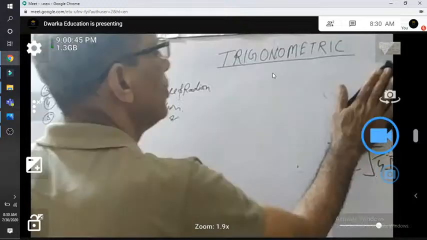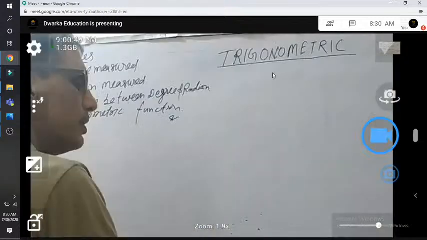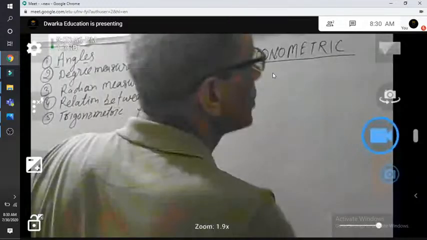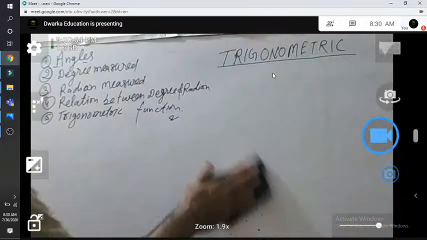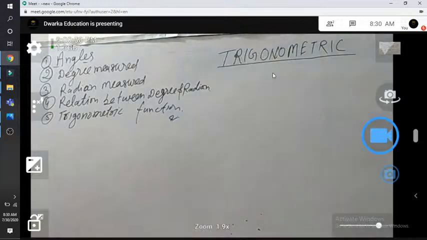We can easily find the value, but a scientific calculator is not allowed in the examination, and they will not give any calculator or logbook. We can solve only questions on 30, 45, and 60 degree. These will be asked in the questions.